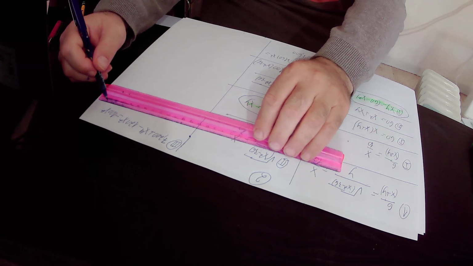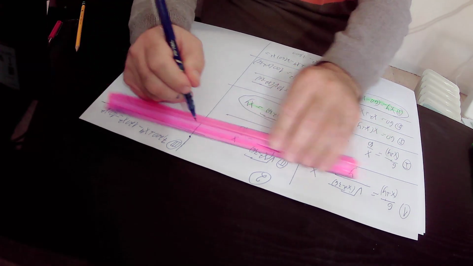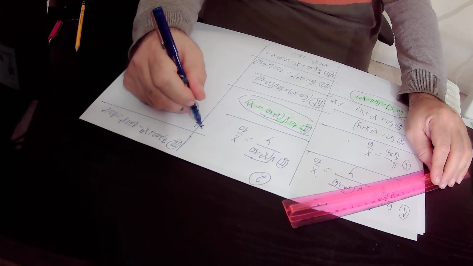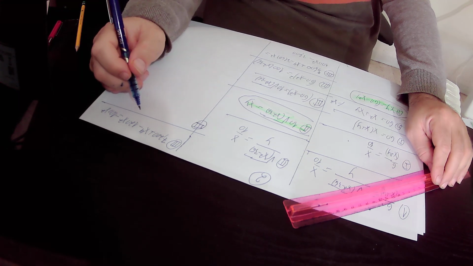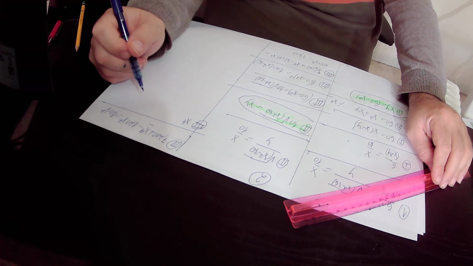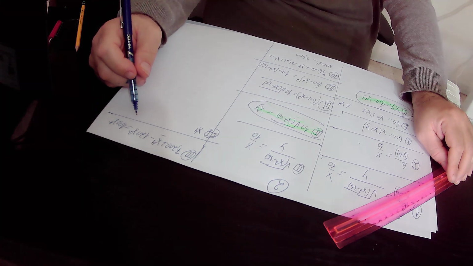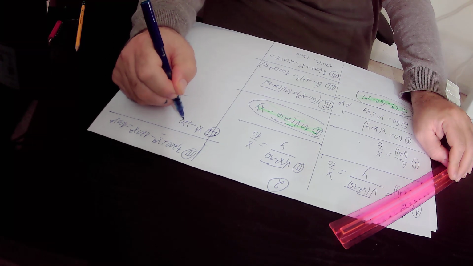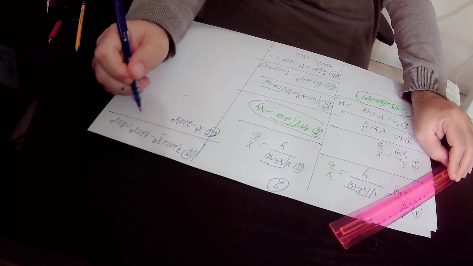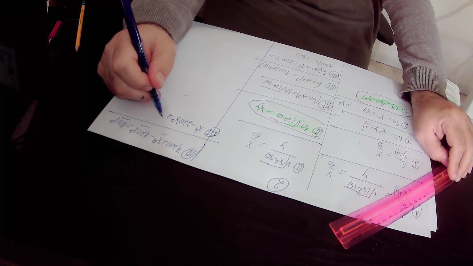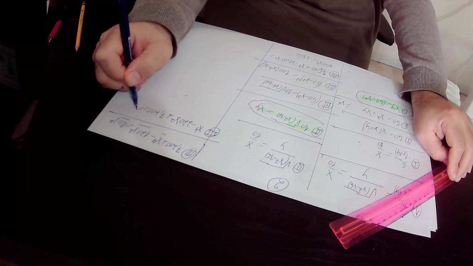So here we'll subtract 100 x squared from equation number 3, and we'll get that according to equation number 3, x to the power of 4, and here we have minus 120 minus 100 is minus 220 x squared, plus 7,200 equals 0.